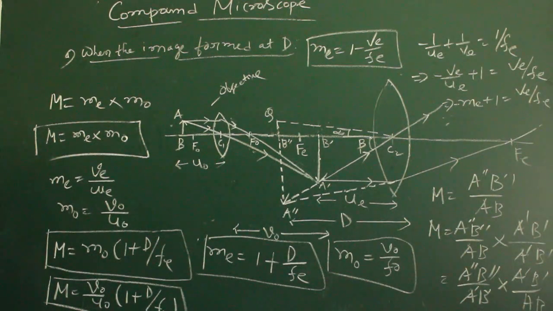This is the equation for the magnifying power of a compound microscope when the image is formed at the least distance of distinct vision.